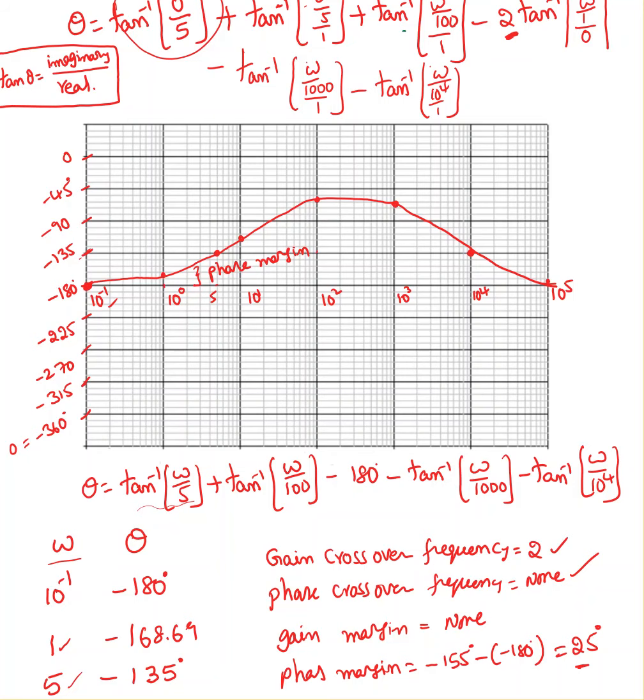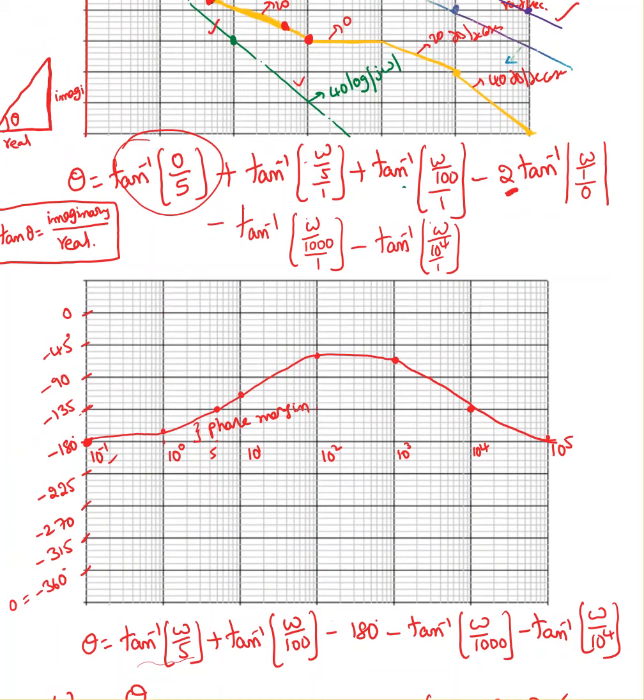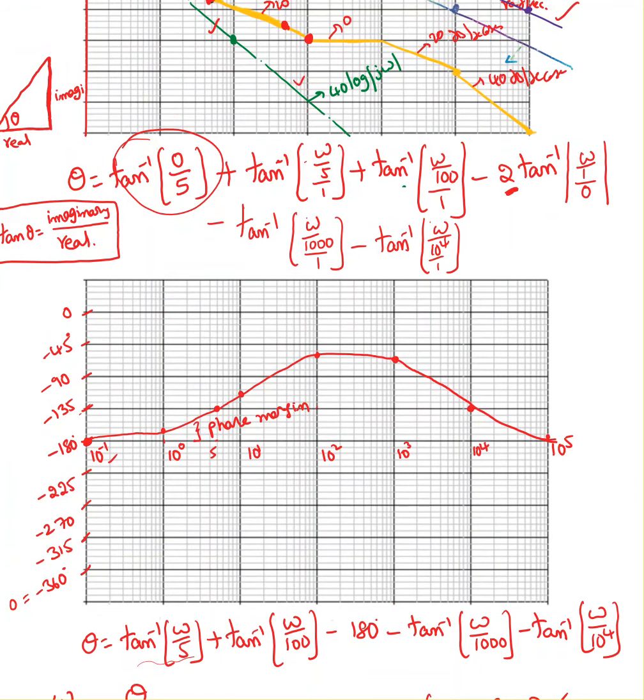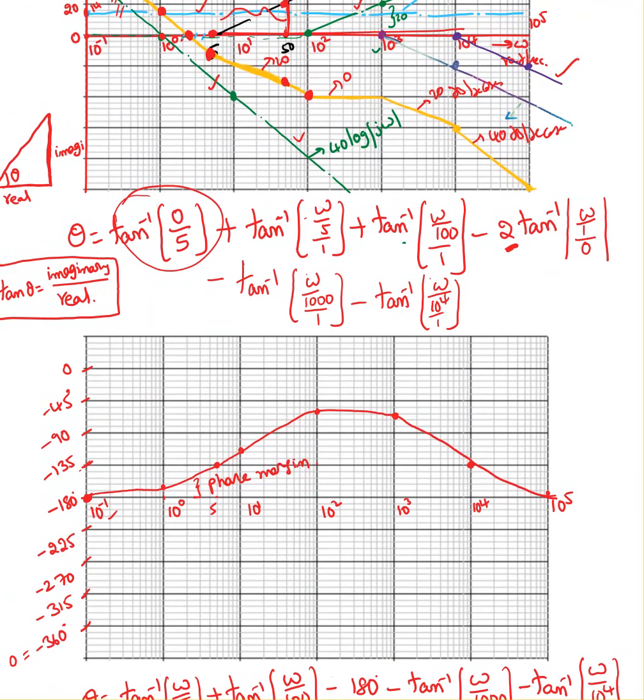Now the phase margin is nothing but, so make sure that you draw these two graphs one under another. I'm assuming these two lines are the same. So if you look at here, find out what is the angle there.